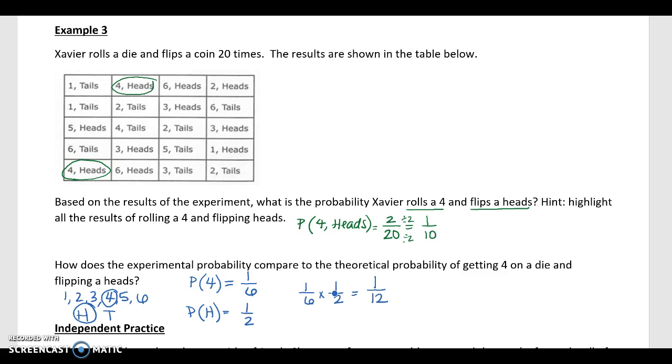So if it's cut into more pieces, you get a smaller sliver of pie. So the theoretical probability was less than the experimental. So 1 over 10 is the experimental. That was greater than 1 over 12, which is the theoretical. All right, now you are going to move on to your independent practice.